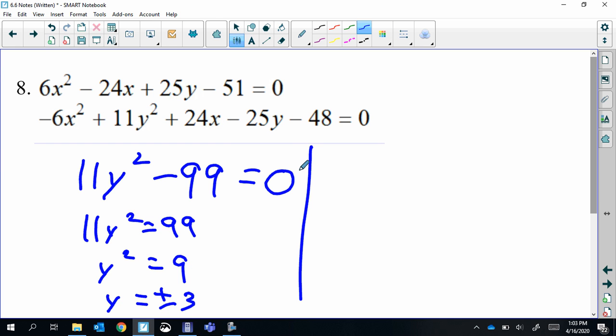So choose where you want to plug it in. I personally would choose the top equation because there's only one place to plug it in. We don't have to plug it in to both locations of the y. We just have to plug it into the one location of the y because that's all there is. So for y equals positive 3, we get 6x squared minus 24x. 25 times 3 is 75.